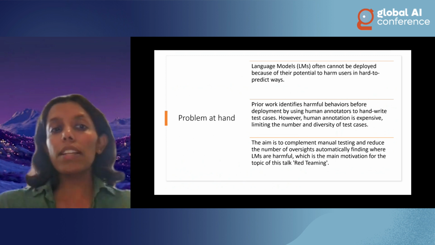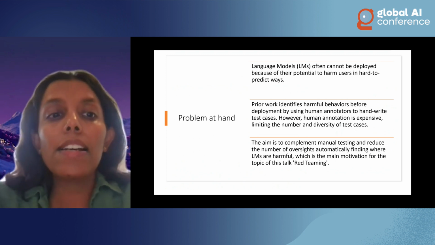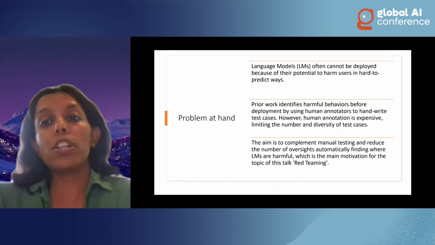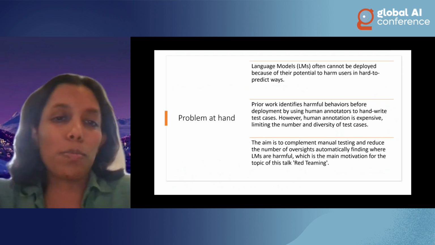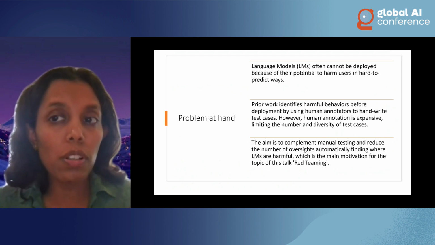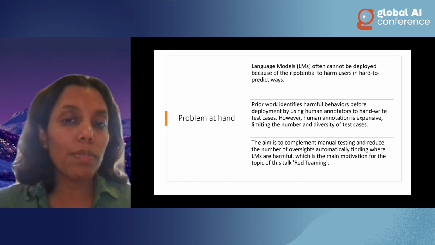Okay, so now let's quickly recap and list the problem at hand. We all know that large language models cannot be deployed because of their potential to harm users in hard to predict ways. With small tweaks in your prompt, you can get different output.